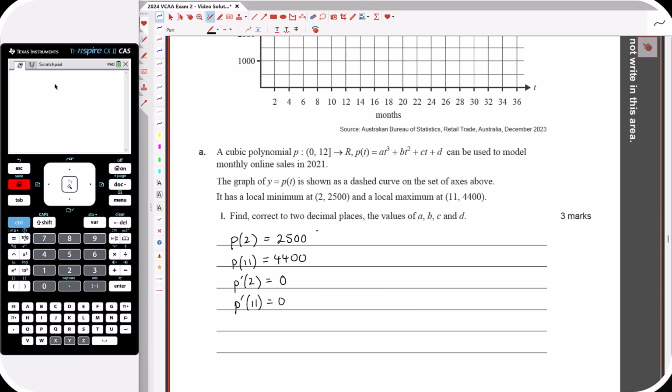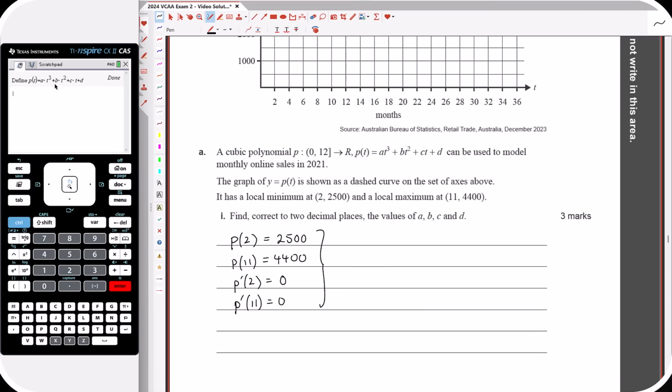Okay, so let's set up the CAS to solve that. So menu 1-1, let's define our general polynomial first. p of t equals a times t cubed plus b times t squared plus c times t plus d. Okay, and simultaneous equations to solve.